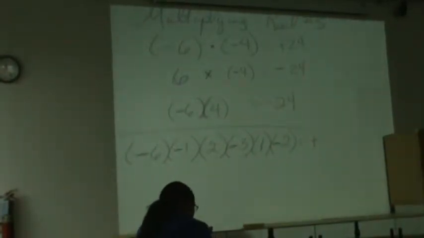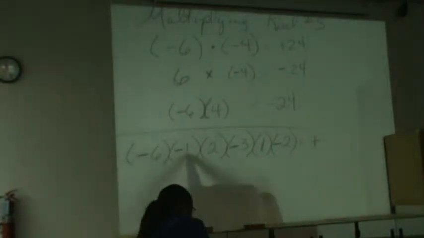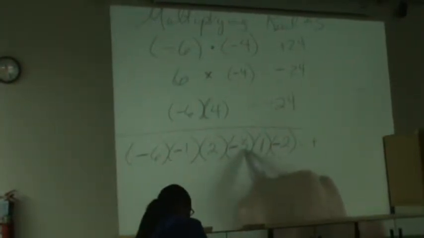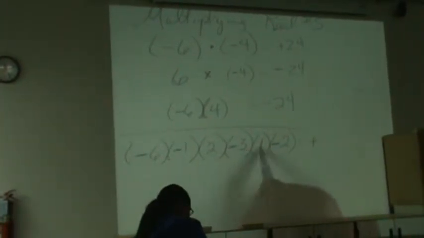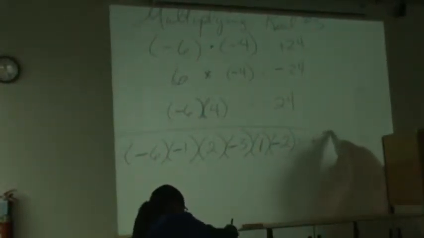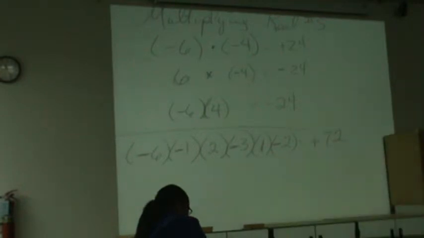After that, you just do the normal multiplication. You'll just go left to right. 6 times 1 is 6. 6 times 2 is 12. 12 times 3, 36. Times 1 is 36. Times 2, 72. And these actually can be done in any order.